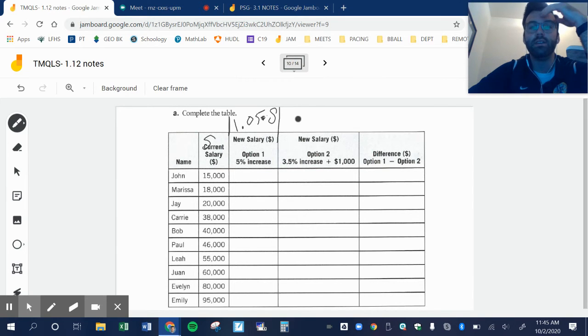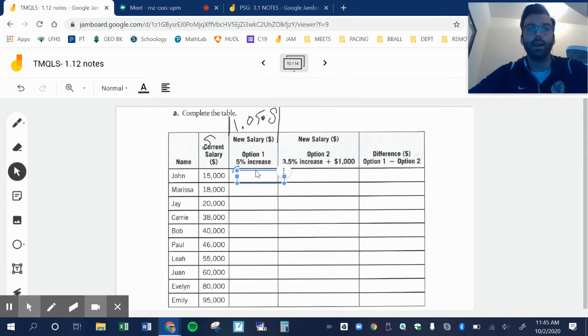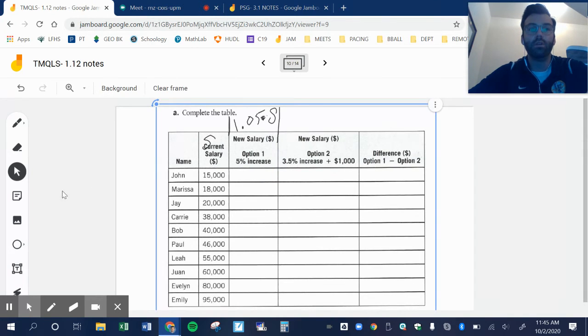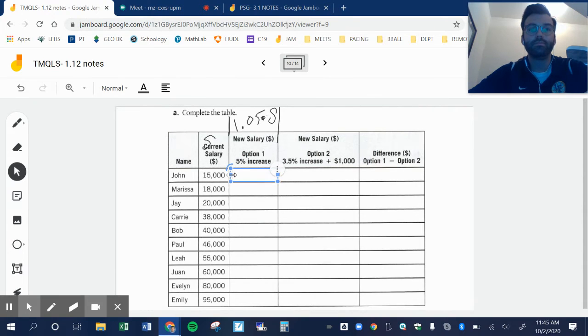All right, so I'm going to do 15,000 times 1.05, and then I would get my number. I got 15,750. Then I'm going to do the same thing with 18,000.